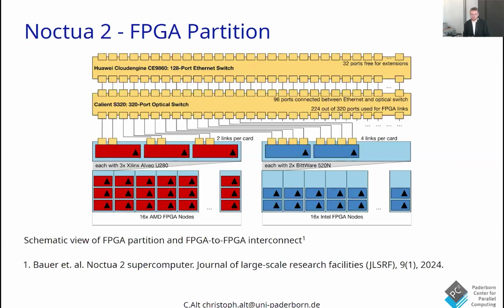In the Noctua 2 FPGA partition, we have 16 FPGA nodes with Intel FPGAs, and they are all connected to an optical switch. We can configure this switch to connect one pair of ports directly with each other, so we can build whatever topology is possible there.